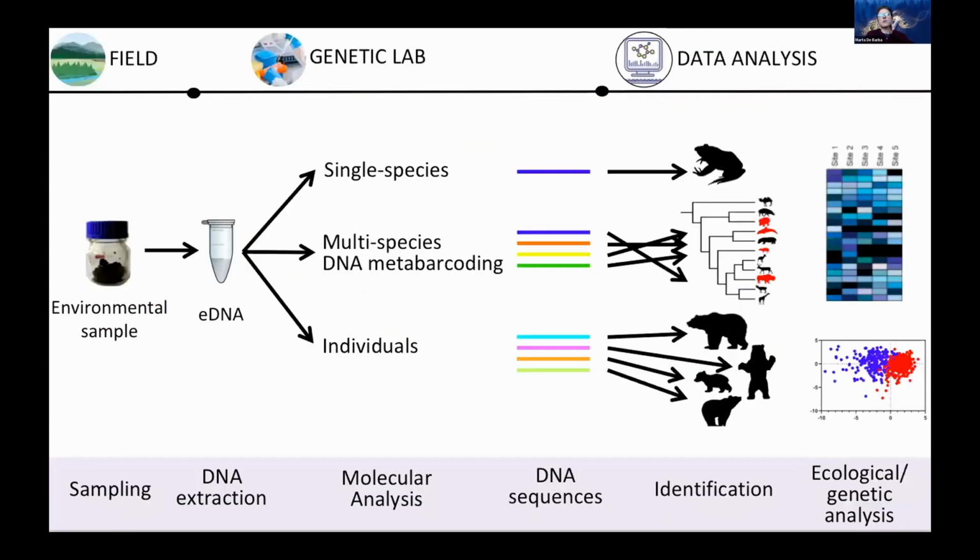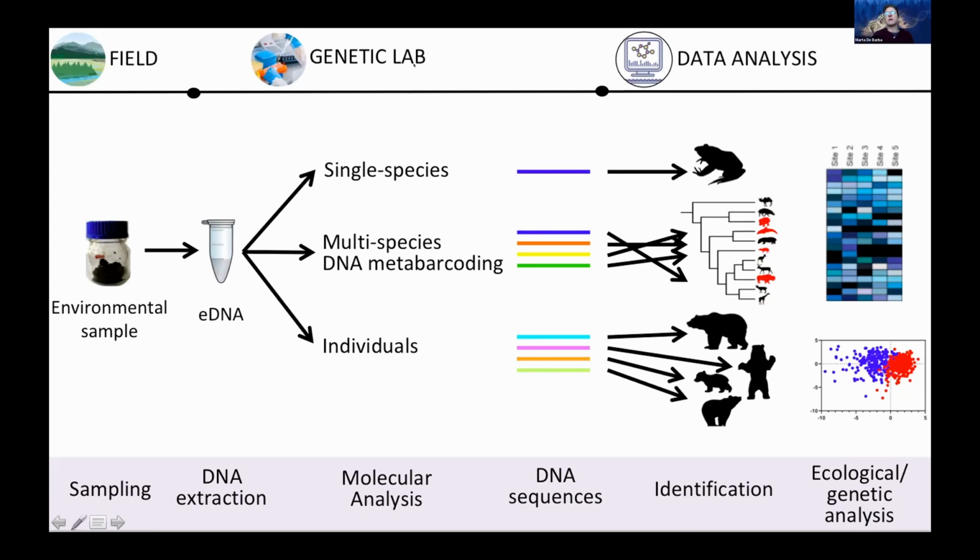And so how does eDNA work in practice? The workflow, in general lines, is similar to other molecular techniques. So we go out in the field, we collect an environmental sample, and we bring it back in the lab where we extract the DNA. And then we use different molecular approaches depending on the question that we have.